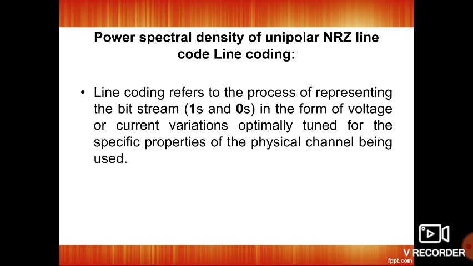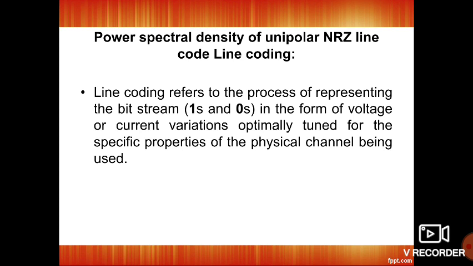In unipolar NRZ format, the waveform has a single polarity. Uni means single, so single polarity is there. The waveform can have plus 5 volts or plus 12 volts when high. The waveform is simply represented as on and off. Whenever it is on, it produces plus 5 volts, and whenever it is off, there is absence of signal.